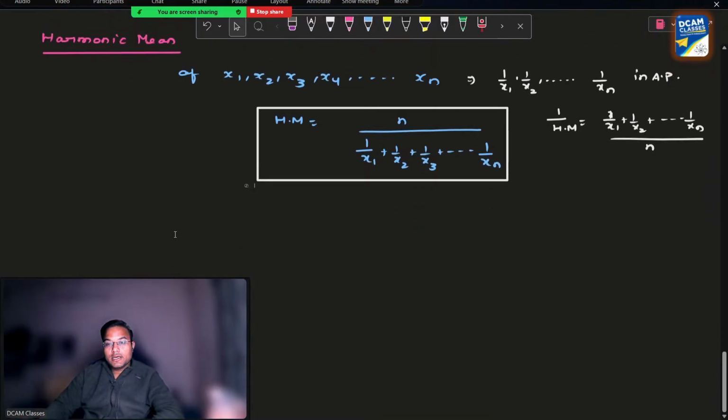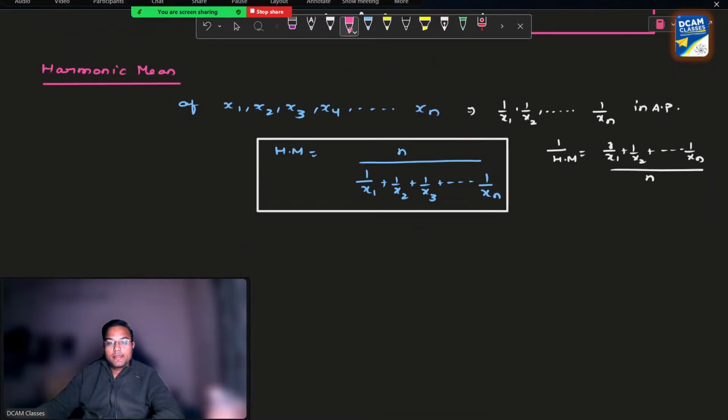Now for grouped data, I think today I'll be able to cover only these.